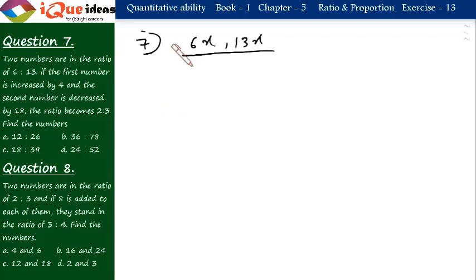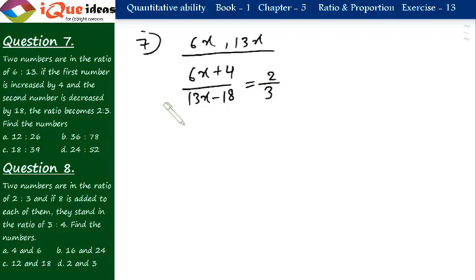In the new case, the first number is increased by 4, so it becomes 6x plus 4. And the second number is decreased by 18, so it must become 13x minus 18. And the ratio of these two numbers now is equal to 2:3.